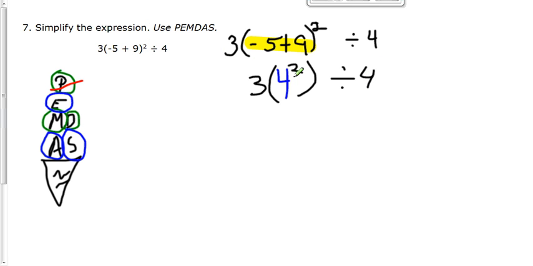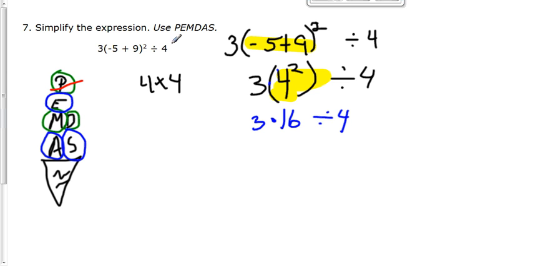So 4 squared actually means 4 times 4. 4 times 4 is 16. So I'm going to bring that down. Now remember, there's no sign here, and no sign means to multiply. So I'm going to have 3 times 16 and then divide by 4.